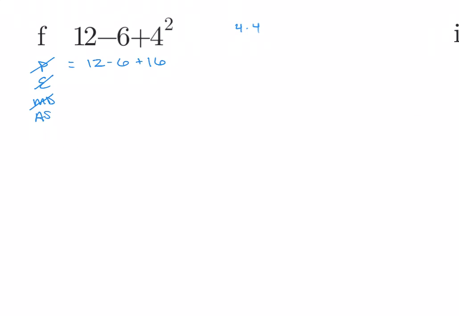And remember again, addition and subtraction must be done from left to right at this stage. So do not add 6 and 16. We want to start with 12 minus 6. 12 minus 6 is 6. 6 plus 16 is 22.